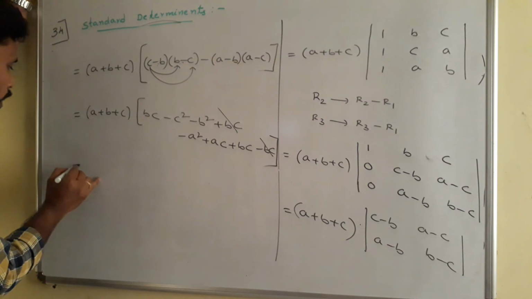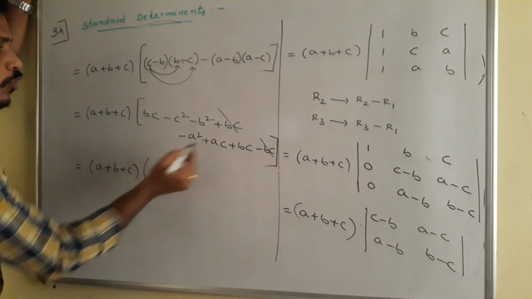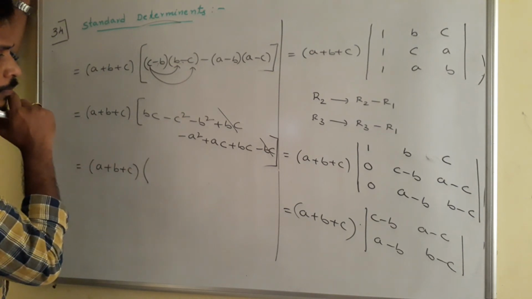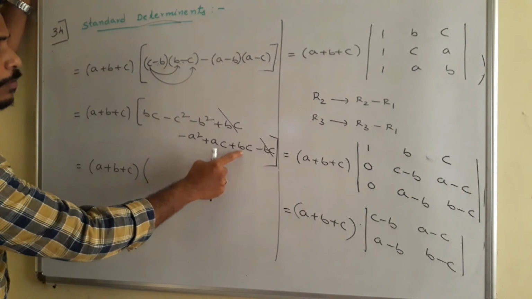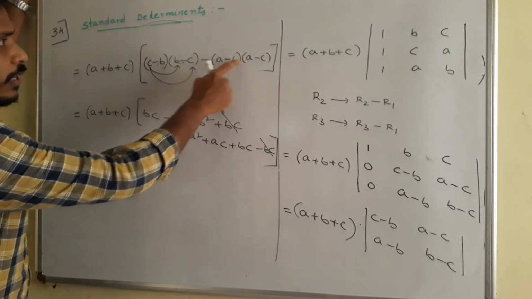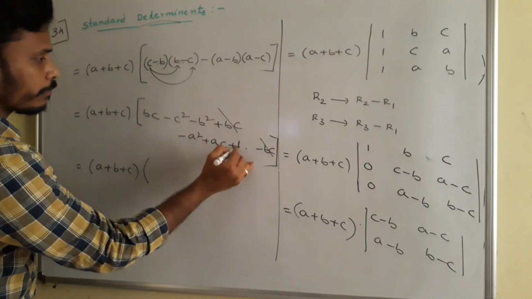Then at the end what you have, this equals A plus B plus C into, just look there, somewhere here I have AC and here I have BC, so I made some mistake here. A square, AC, this is BA, and then BC, this is BA.